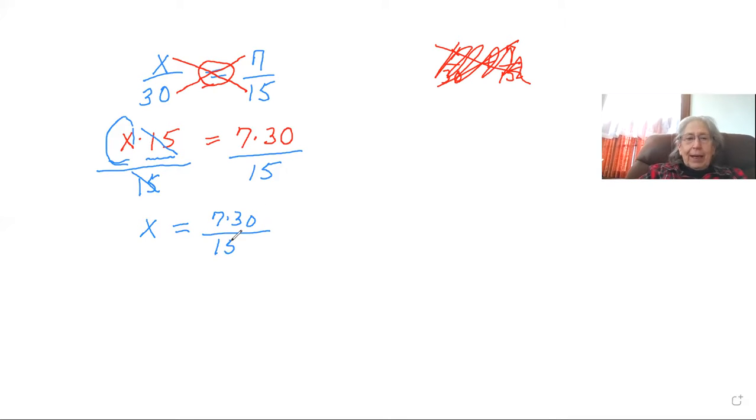And you know how to do that. A couple ways to do it. One is to multiply them at the top together and get 210 over 15. And then you have to divide it out. And you're going to get 14.